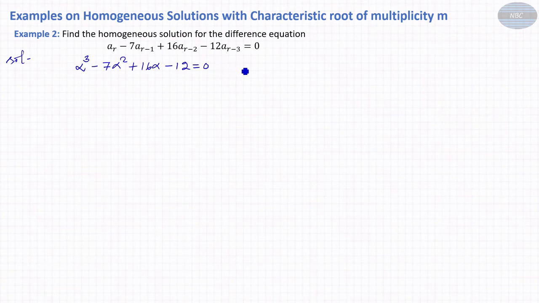Now again we will use the hit and trial method here. Let us put alpha equal to 2 here.